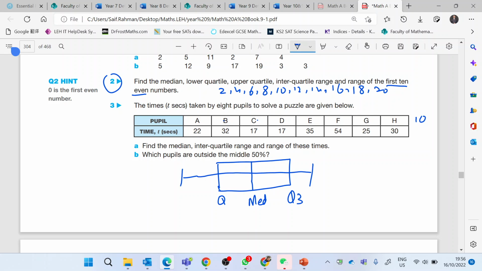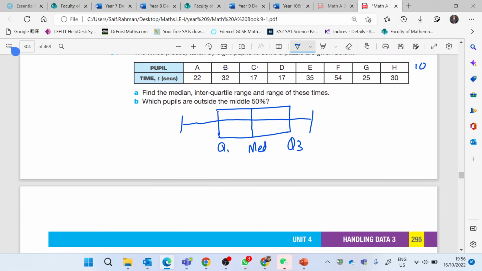So the students who are outside Q1 or outside Q3 will be outside the middle 50%. You can just calculate how many students there are, whether A, B, C, and designate them with that.